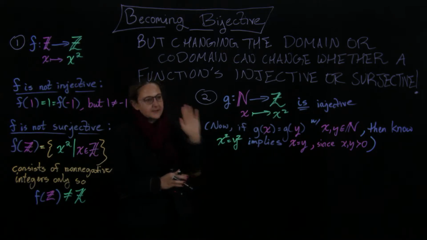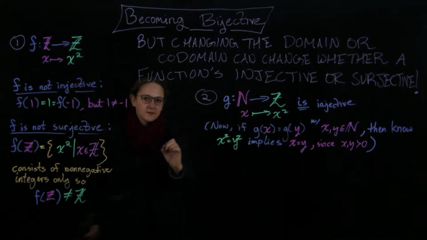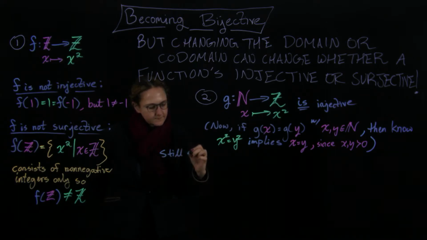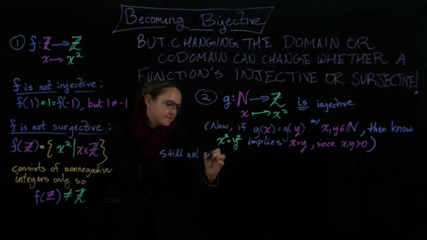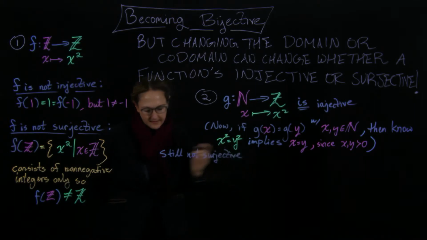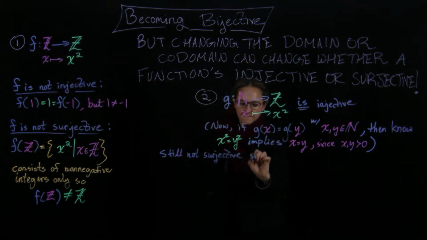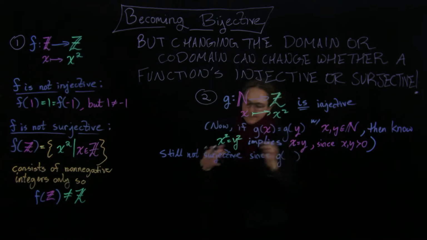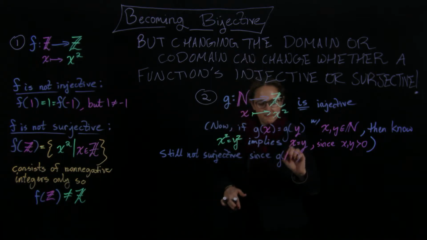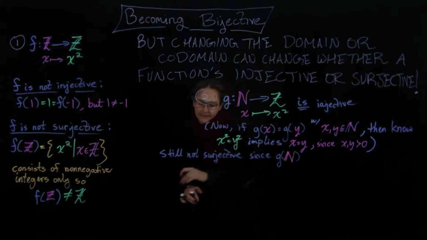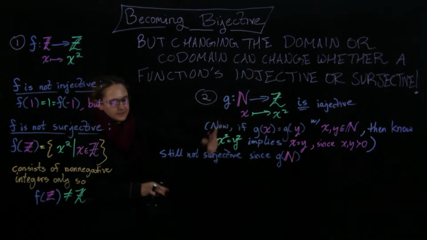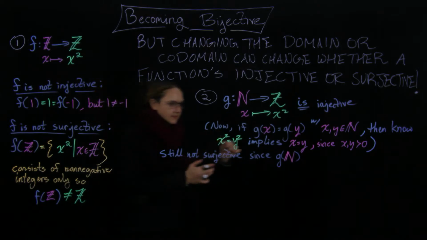So it's still not surjective, however. Since if I take my image, like this, I'm still not going to hit any negative integers, okay?